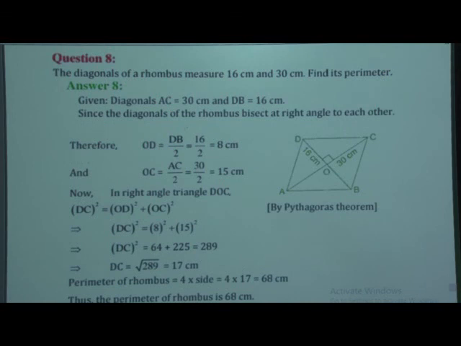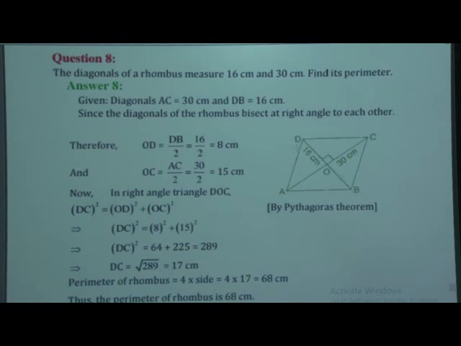Since the diagonals of the rhombus bisect at a right angle, we can write therefore OD is equal to DB upon 2, half of DB.